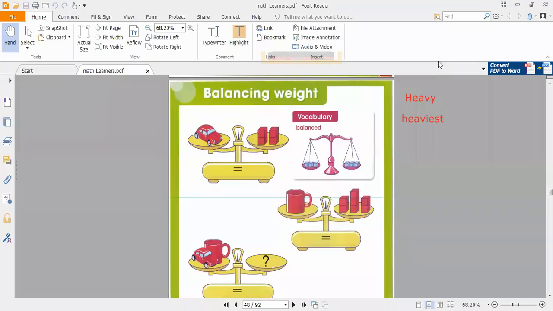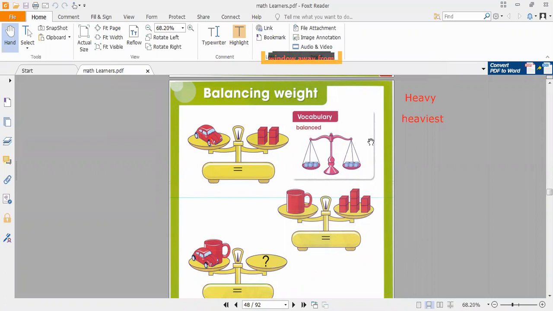Next topic, it is balancing weight. Balance means to make things the same, equal. Look, here are 3 cubes and here are also 3 cubes, or you can say 3 blocks here and 3 blocks here. Why do we put the same amount?